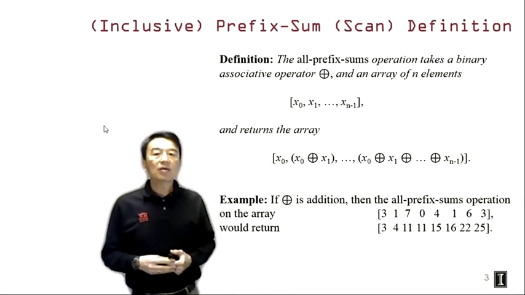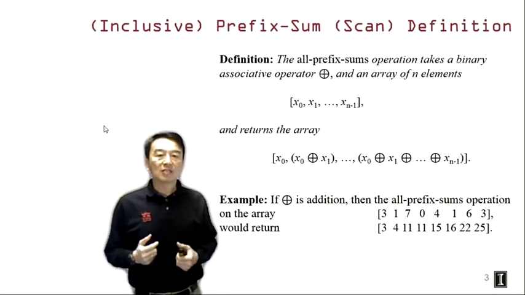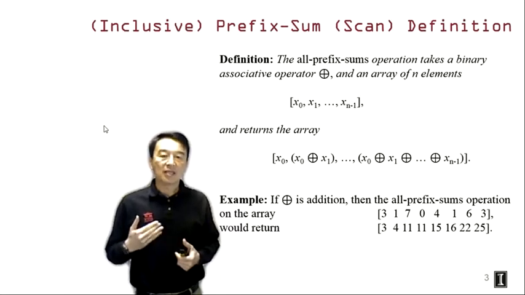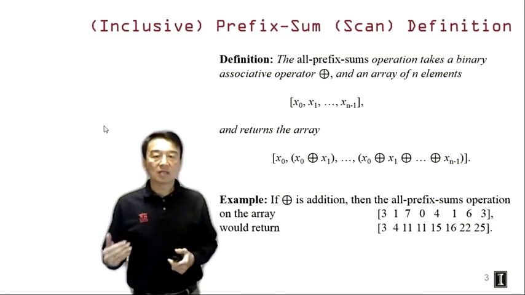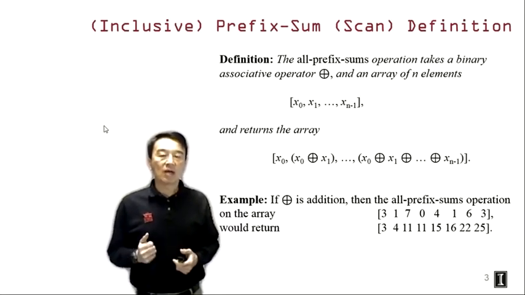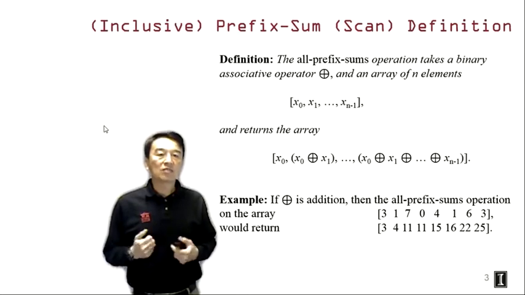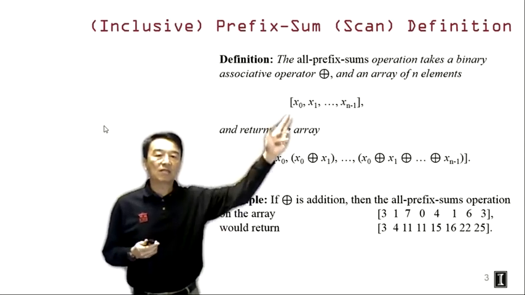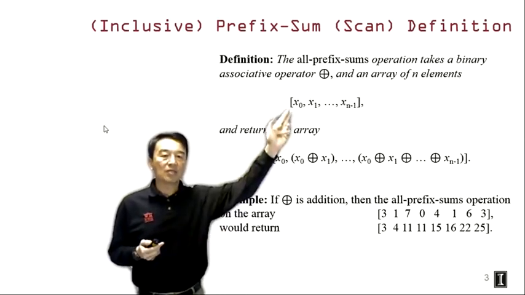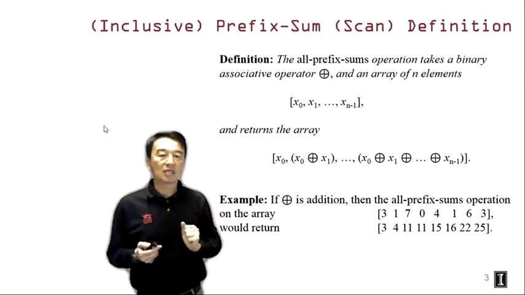Mathematically, prefix sum or scan is defined as either inclusive or exclusive. Here I'm showing the definition of an inclusive scan. The inclusive scan is a mathematical operation on a sequence of numbers, x0 through x(n-1) in this example.